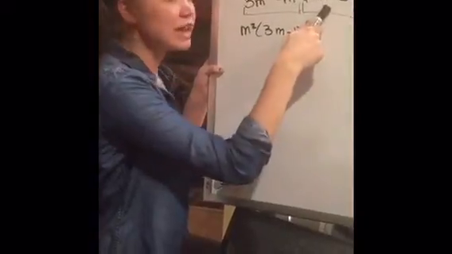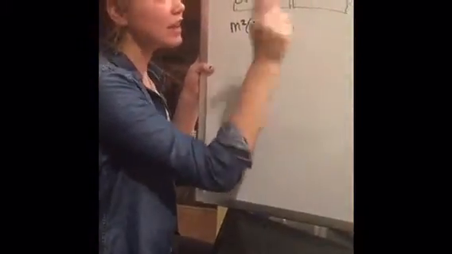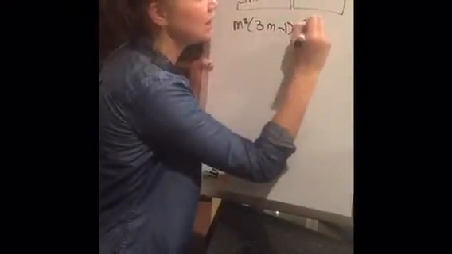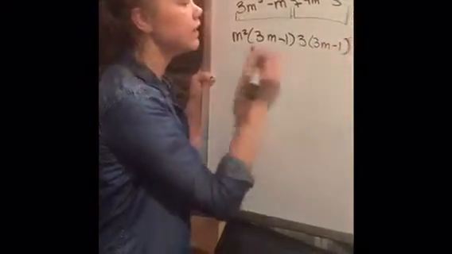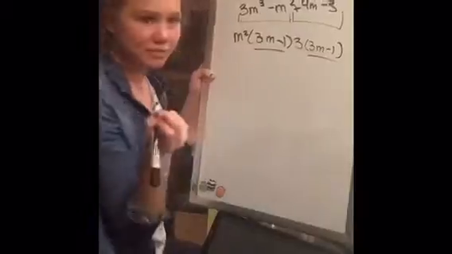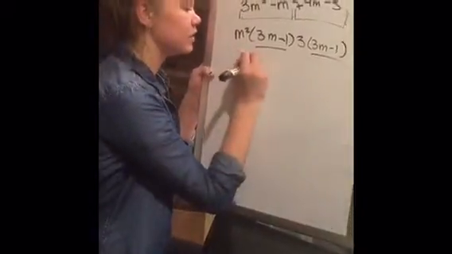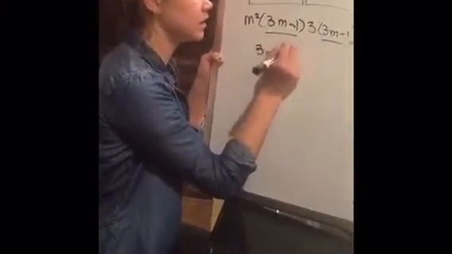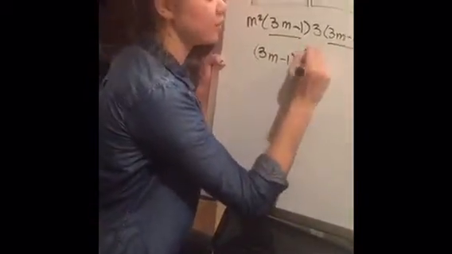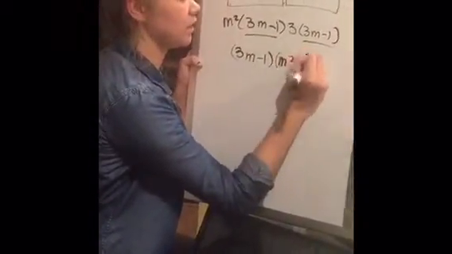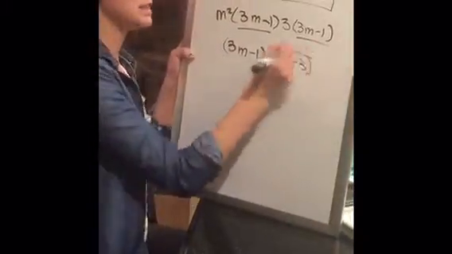And then you can take out a 3 out of this one, and you're left with 3m minus 1. These two are the same, so you can group them together. And then you take these two and put them in their own parentheses. And that's the answer.